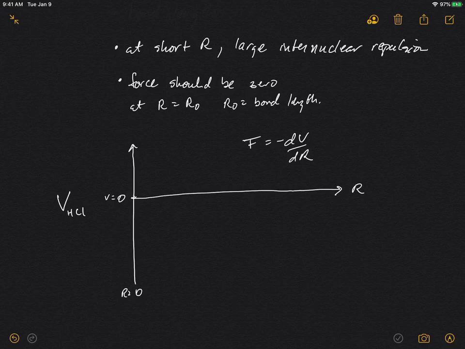So there'd be this large repulsive force, and so therefore there should be a negative slope, and it should be a steep negative slope. And so here it's going to look like this, right? That's a negative slope.